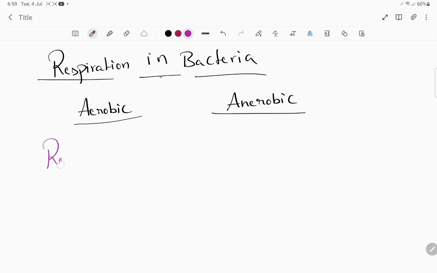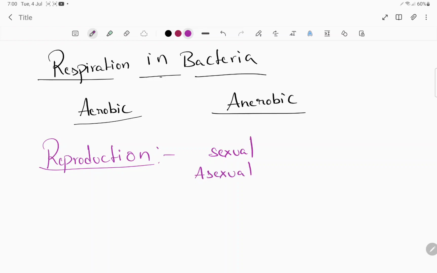Next, reproduction. Coming to reproduction, they reproduce asexually as well as sexually, right? Sexual reproduction we also call parasexual.